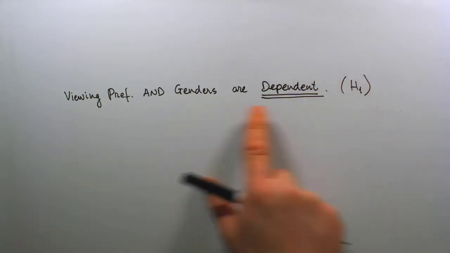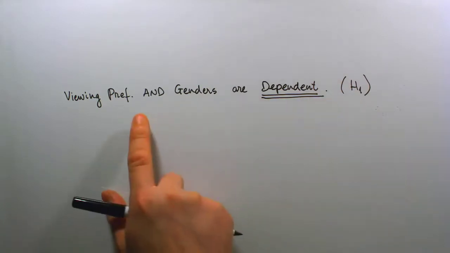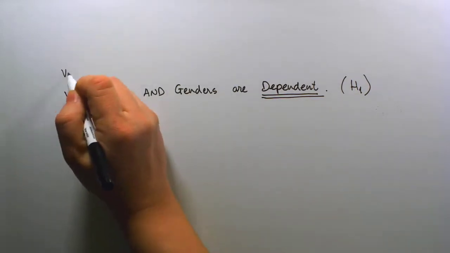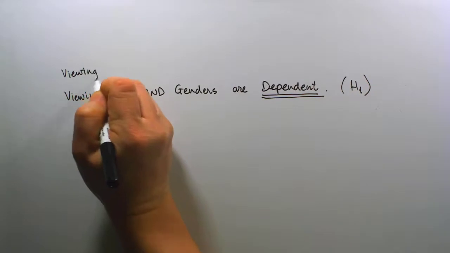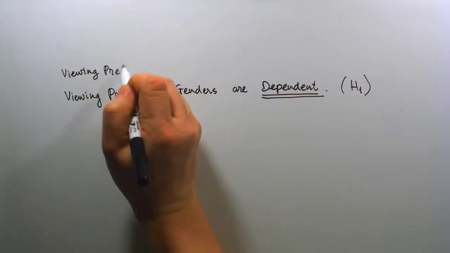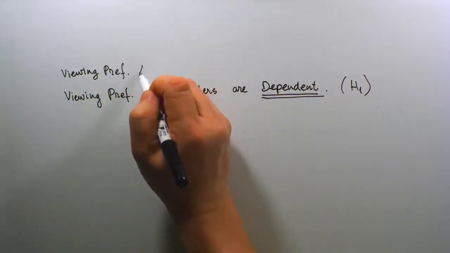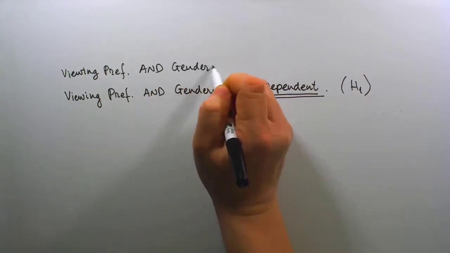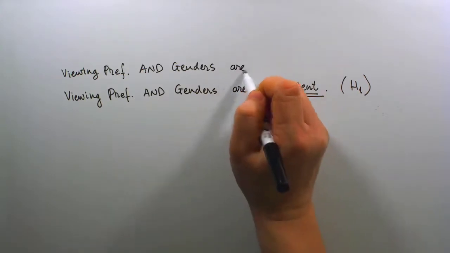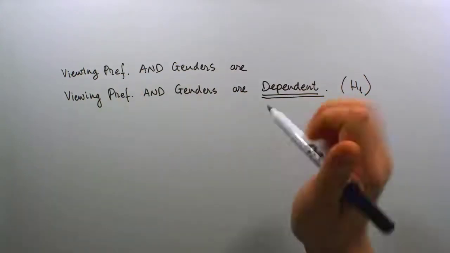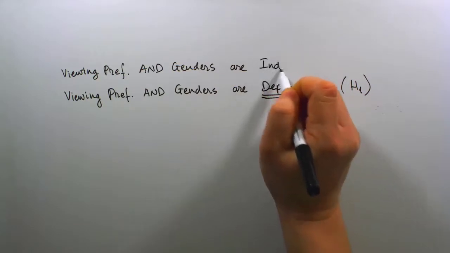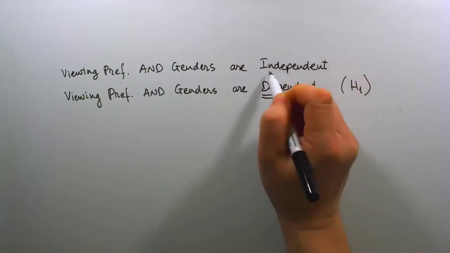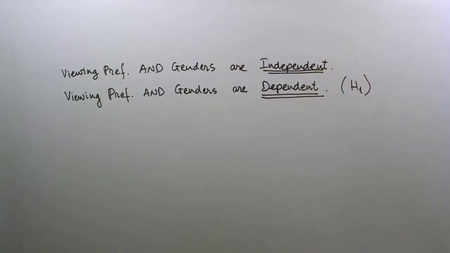So if our current alternative hypothesis is saying that viewing pref and genders are dependent, then it makes perfect sense to come up with the following statement: viewing preference and genders, almost exactly the same statement, but now we're saying the opposite. Viewing pref and genders are independent. Now we have two statements arguing against each other.